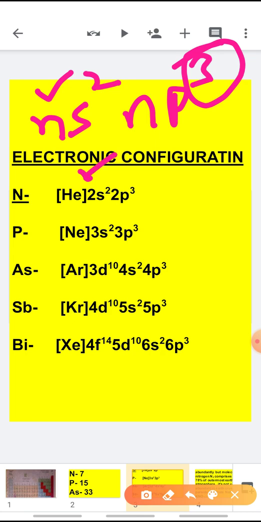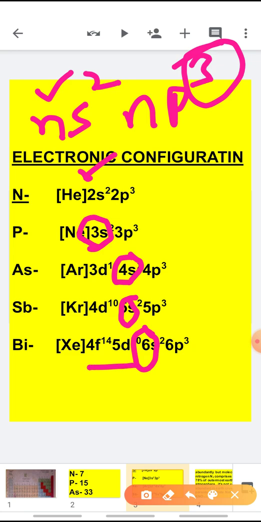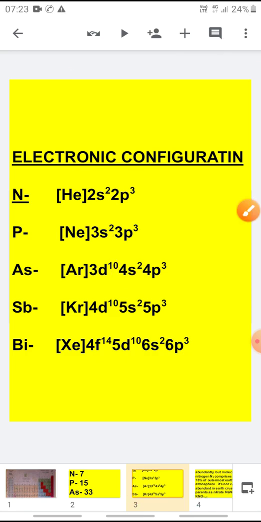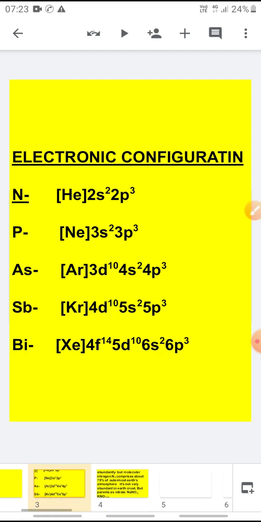For example, nitrogen belongs to the second period, phosphorus belongs to the third period, arsenic belongs to the fourth period, antimony belongs to the fifth period and bismuth belongs to the sixth period. And before this, 4f14 and 5d10, what are they? They are actually telling you about the configuration of the d and f subshell of the same period. So, you have to remember these electronic configurations.